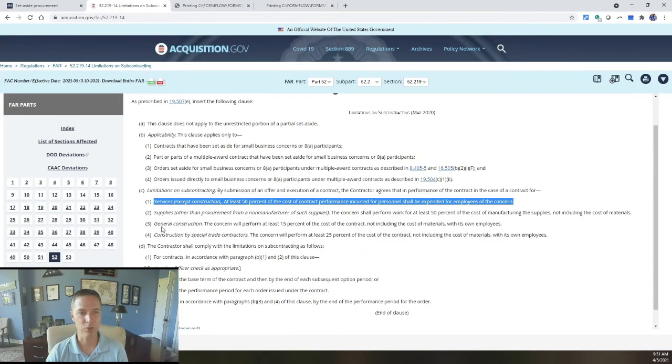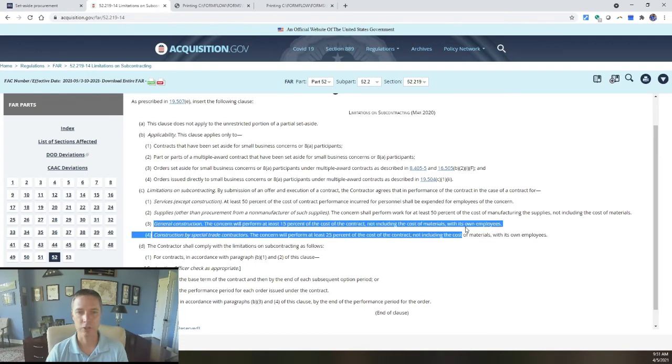Now this changes when you're talking about construction and specialty trades. So construction, remember we talked about the general contractor, the GC in the construction world? Well, if a small business is awarded a construction contract, that small business has to do at least 15% of the total value of the contract.